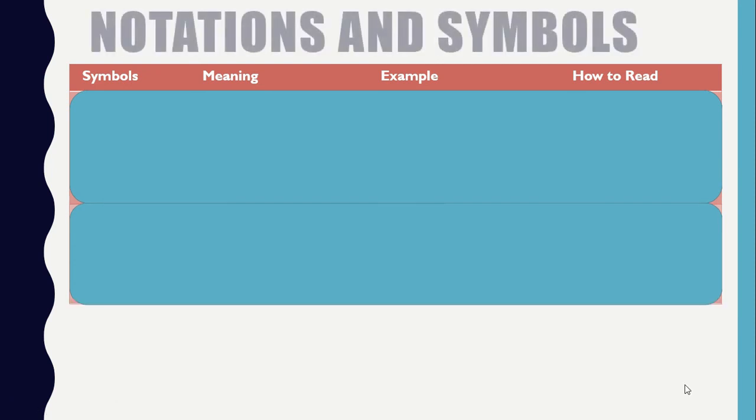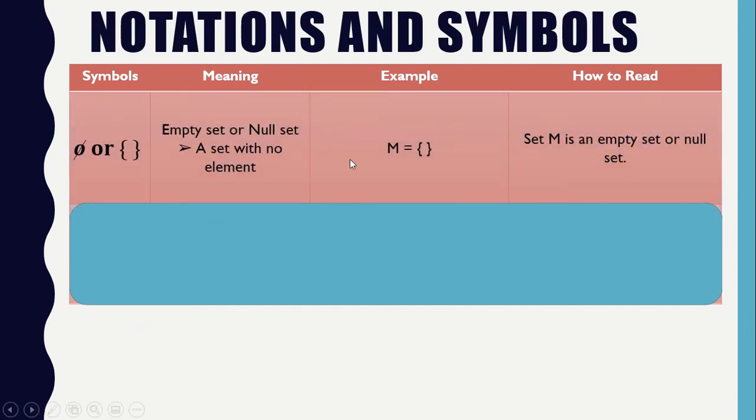Okay, next. Ay, last two. Next is yung symbol for empty set or yung tinatawag nating null or null set. So, ang symbol niya is 0 na may slash or yung open at saka close brace lang. Walang element na laman.